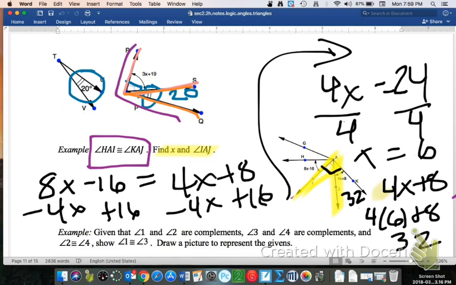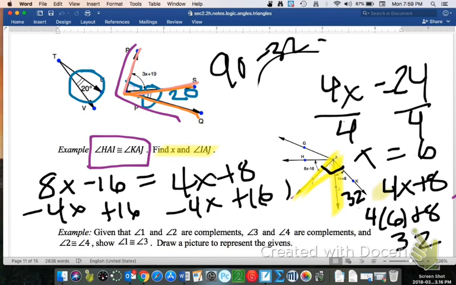Well, if we know that this part gives us 90 degrees, to find IAJ, that means that we need to do 90 minus 32. That gives us 58. So that's the measurement of angle IAJ.